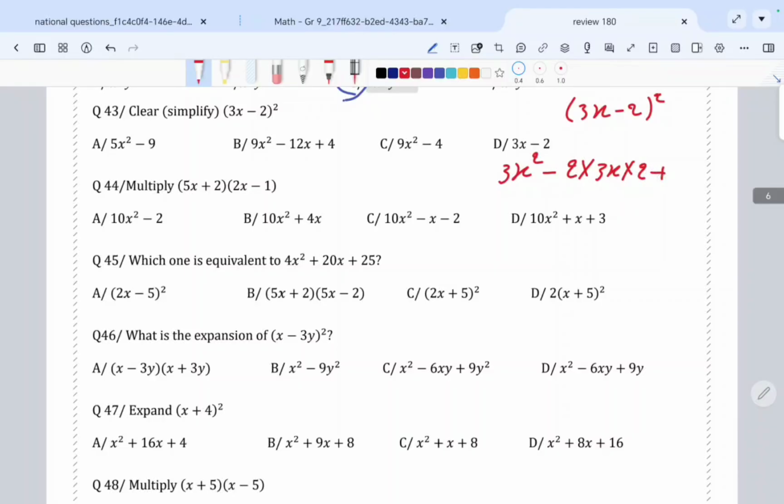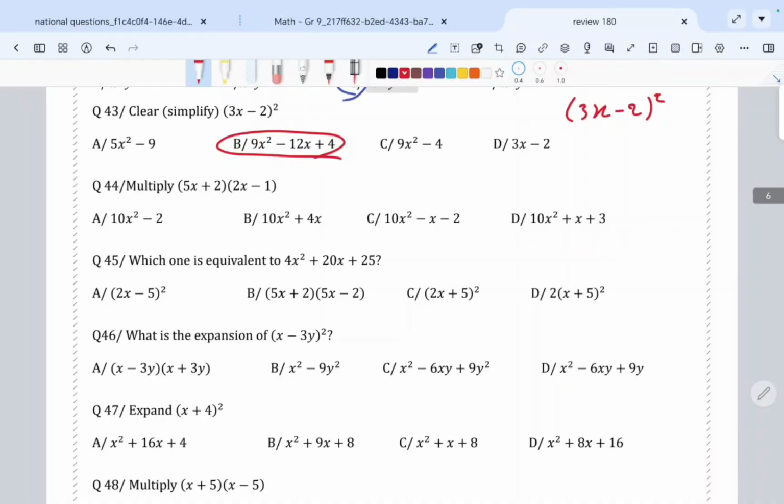Second term power 2, so 2 power 2. Pay attention. It will be 9x power 2 minus 2 times 3, 6, 6 times 2, 12x, plus 2 power 2, which equals 4. So it will be 9x power 2 minus 12x plus 4. B is the correct answer.